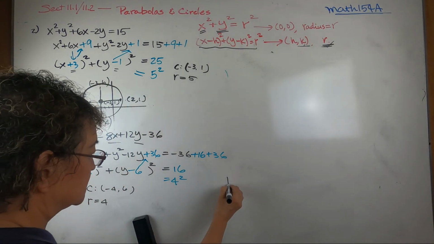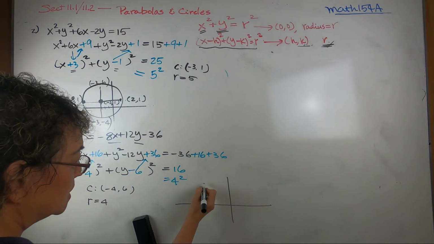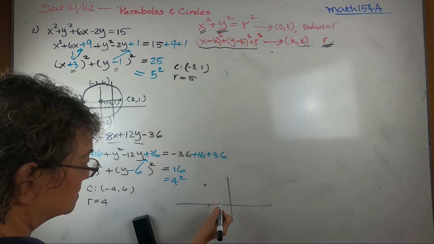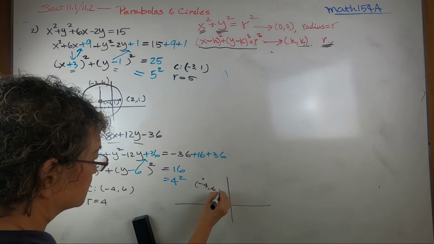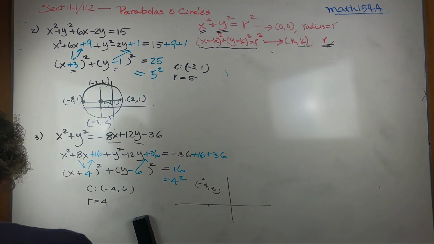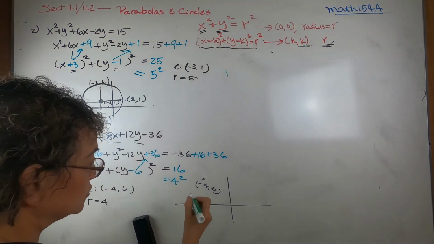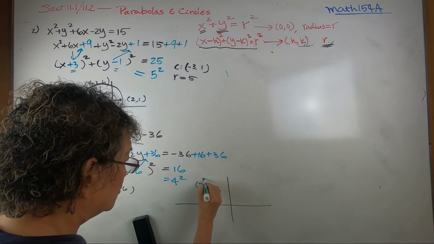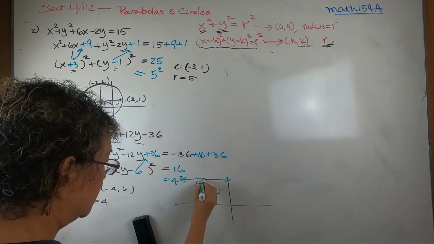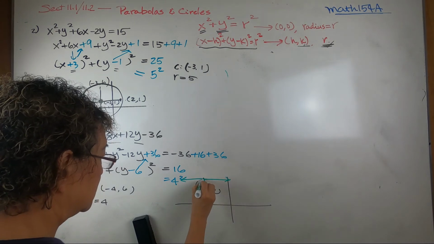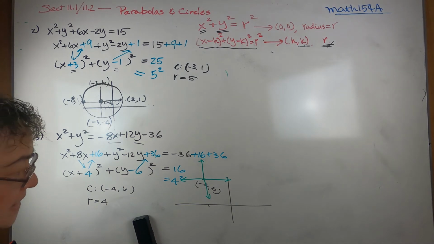Should be on this side. Okay, so that would be negative 4 and 6, a little bit higher. Then radius is what? 4. So you have to go 4 places this way, 4 places this way, 4 places this way, and 4 places this way, right?